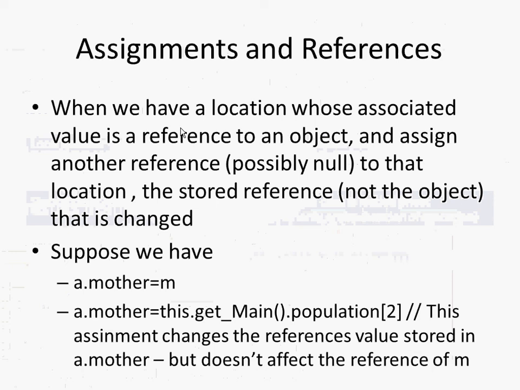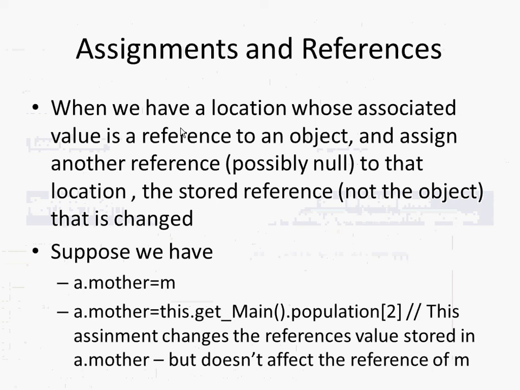So suppose we have a reference to an agent A, and that agent has a parameter, maybe it's a variable, maybe it's a parameter, either one, called mother. Suppose we have another reference to another person called M. If we say a.mother equals M, that person's mother parameter will then refer to whatever M refers to.